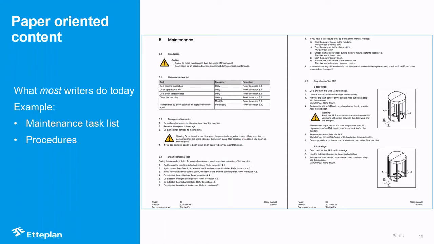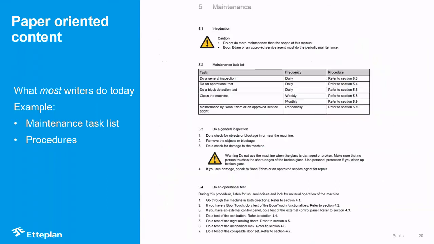What most writers do today, because everybody is more or less still focusing on creating this PDF file, is shown in a real life example that I use. It's a simple example, but it explains a bit what is happening today.